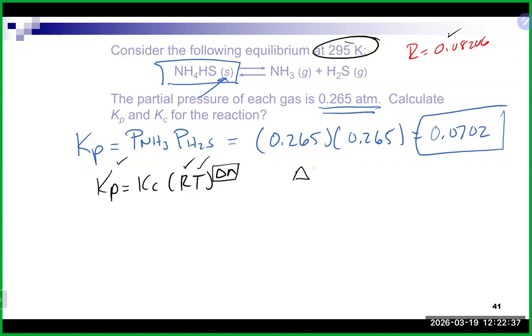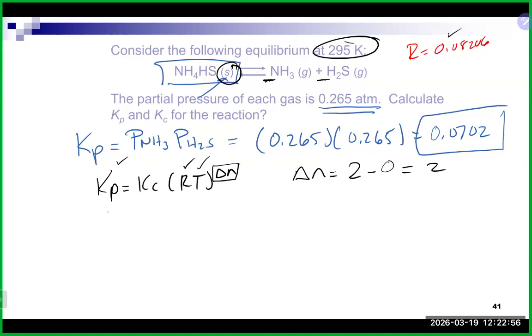So our Δn in this case is, again, only the gas molecules. So we got zero gas molecules on the reactant side and two on the product side, minus 0, because this is a solid, which gives us a Δn of 2 in this case.